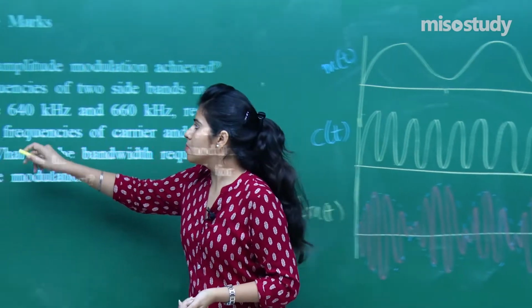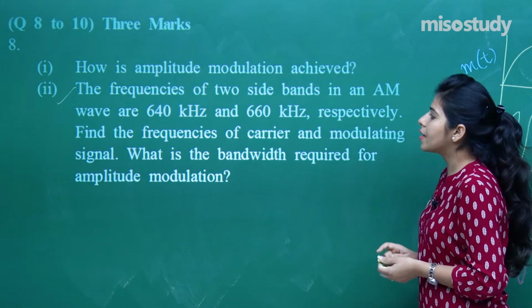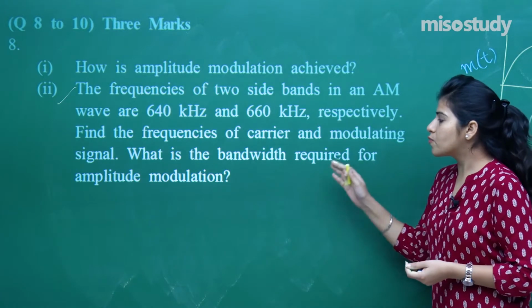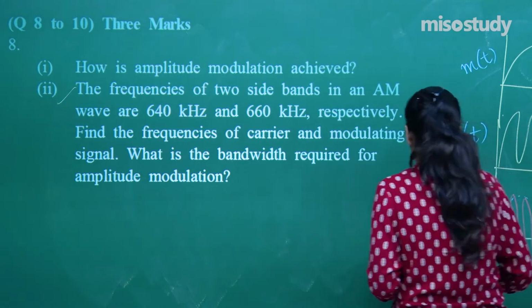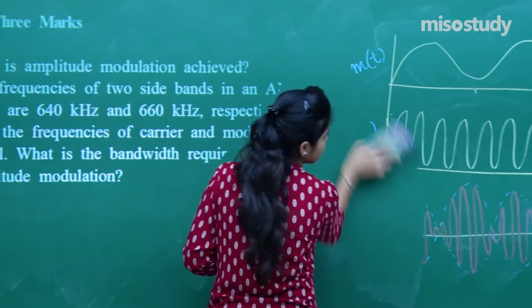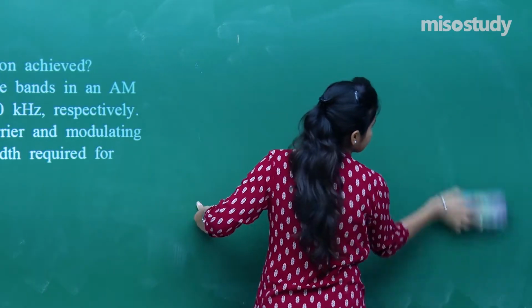Second question, the frequencies of 2 sidebands in an AM wave are 640 kilohertz and 660 kilohertz. So let me just remove this and start doing the numerical.